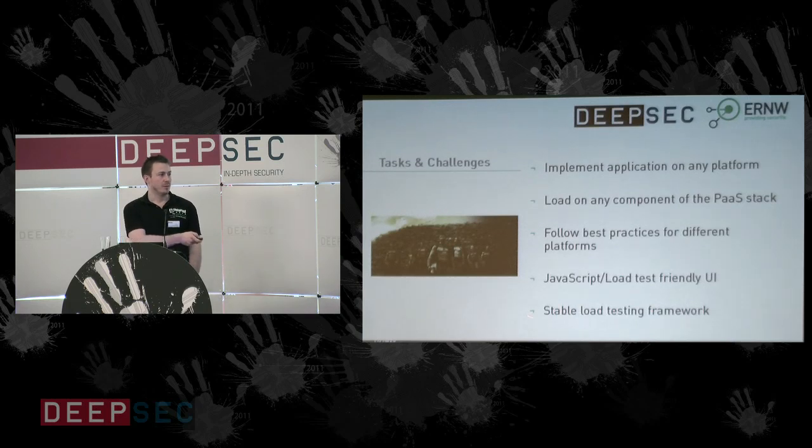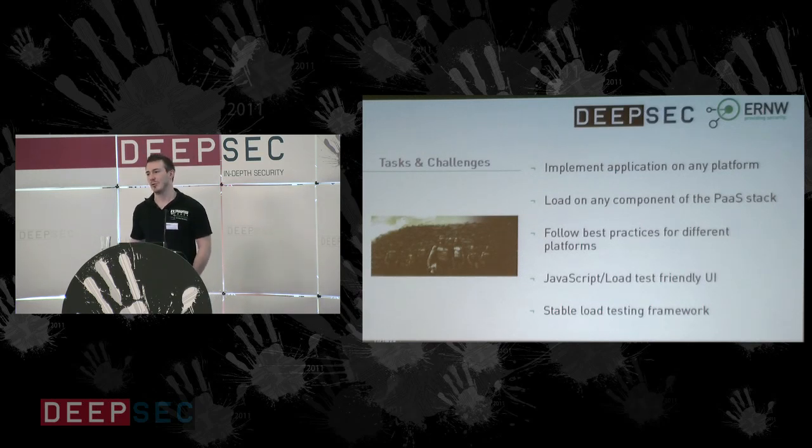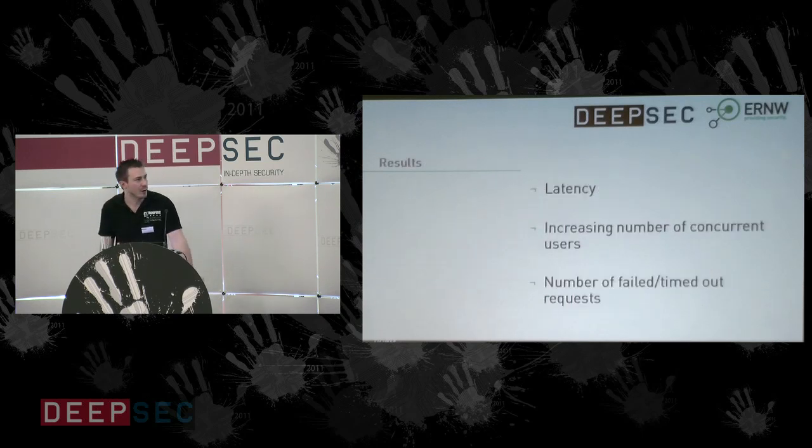Then, of course, it was necessary to develop a stable load testing framework. I mean, there are a lot of load testing frameworks available, but I think you know that when you're developing something on your own, the time to adapt a framework or develop your own set of scripts which do the same almost holds equal.